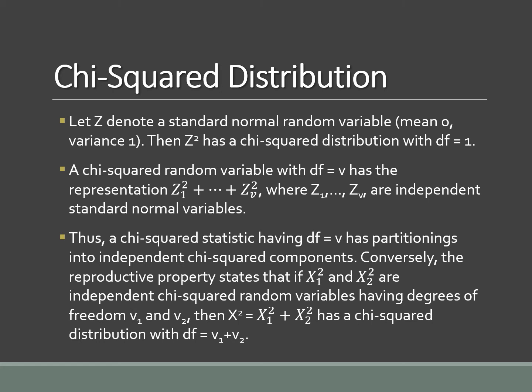A chi-square statistic having df equal to v has partitionings into independent chi-square components, as we could recall from the second remark. But conversely, the reproductive property states that if we have X1 squared and X2 squared, wherein both are chi-square random variables, and we take the sum of the two, we will have another chi-square random variable, but the degrees of freedom of their sum is the sum of their individual degrees of freedom, as you could see here.